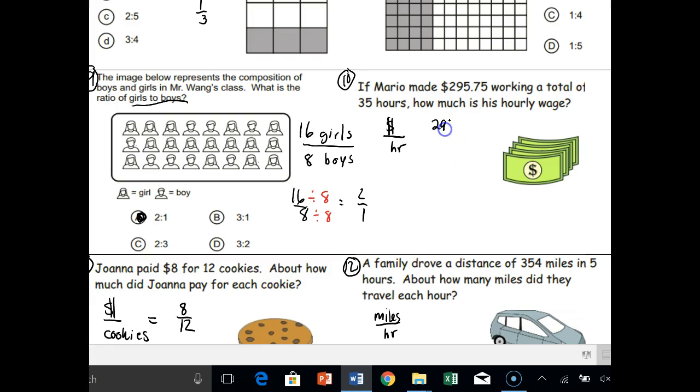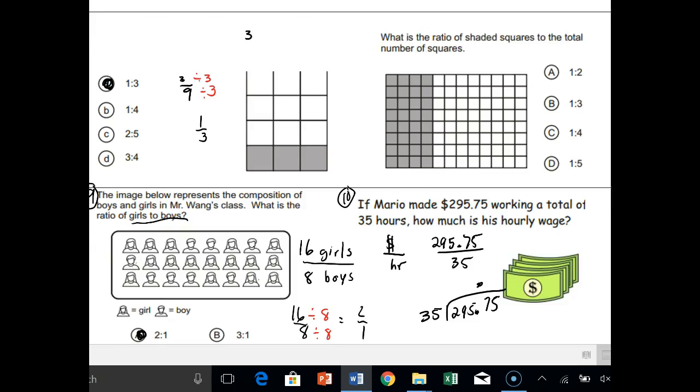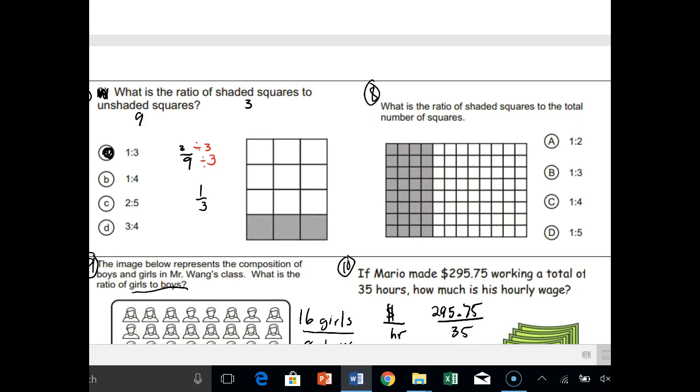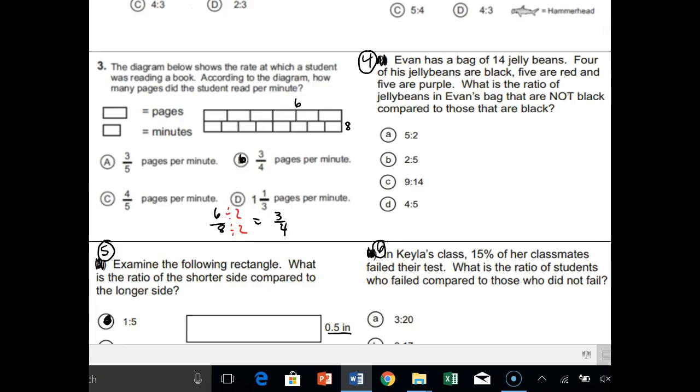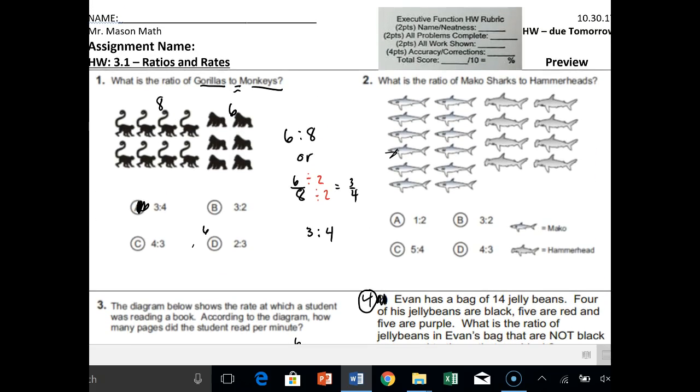If it's 295.75 over 35, you want to figure out how many times 35 goes into 295.75, right? This one's very similar to number 7, and then you can do the rest. Call me if you have any questions.